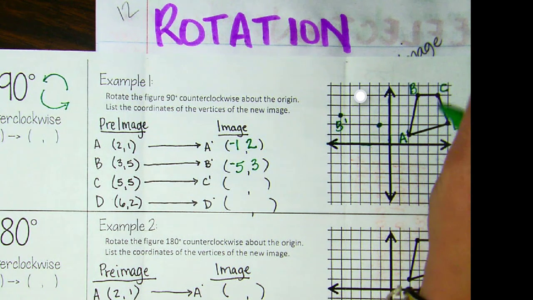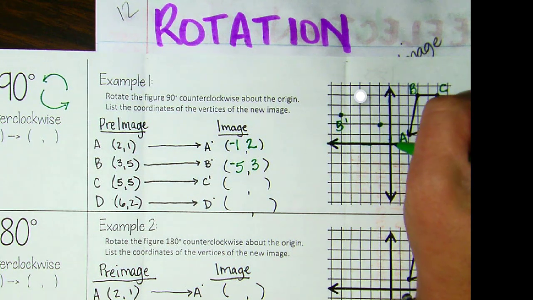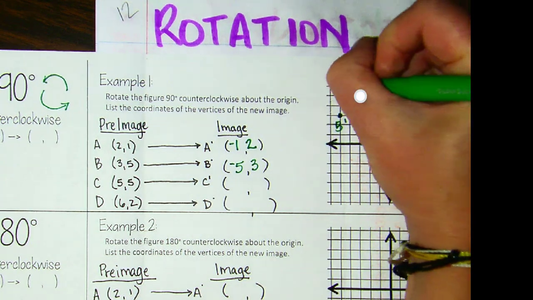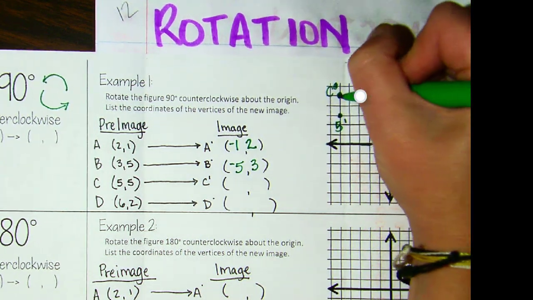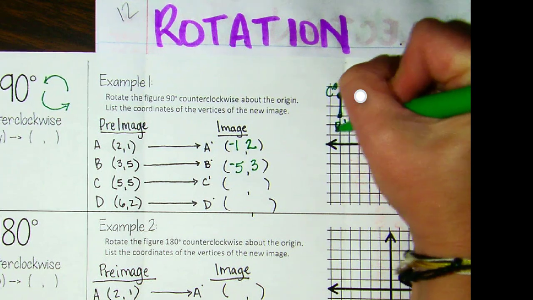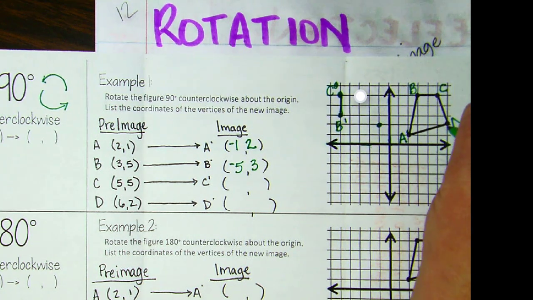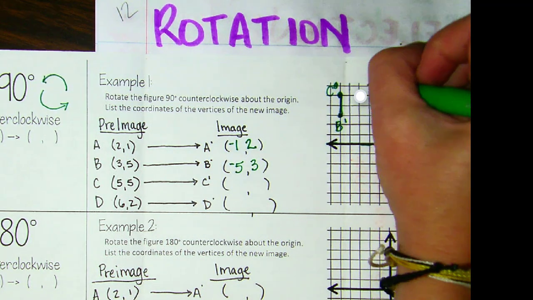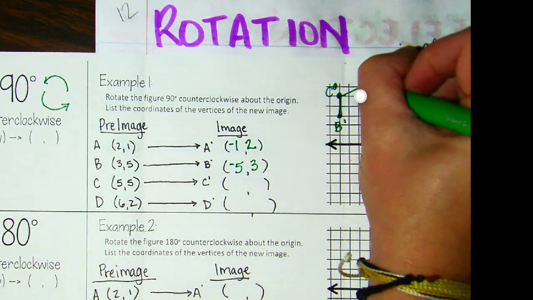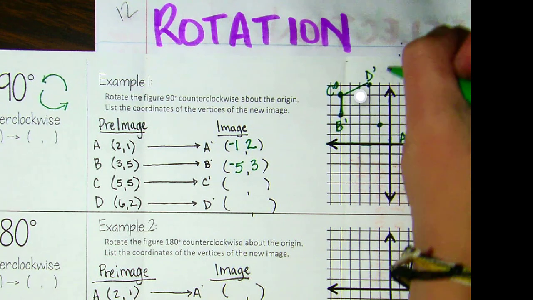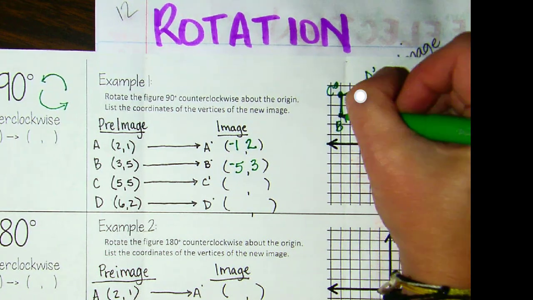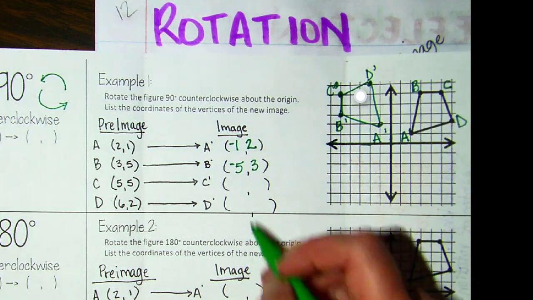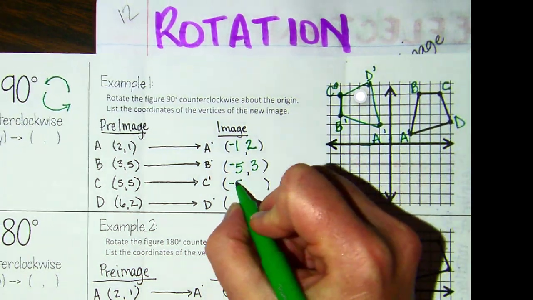C, which is at 5, 5, will now be at -5, 5. And then D, which is at 6, 2, will now be at -2, 6. So that's D prime. Oops, I didn't label A prime. Nope, and I didn't put it here.